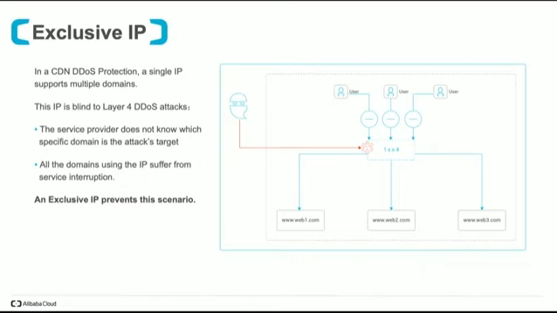It's quite hard to find out which website is being attacked, and hence to mitigate and make sure all the other, not attacked, websites are working properly. So this is one of the challenges that the combination of CDN and DDoS is facing, which we can easily solve through a dedicated node for each user.